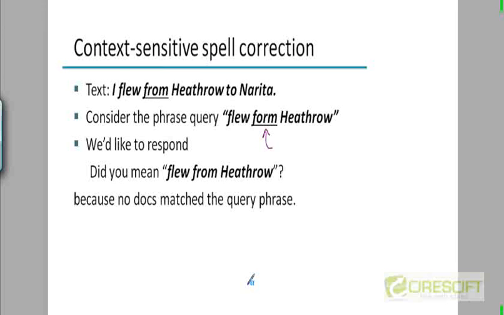But after Office 2007, they've added context sensitive spell correction, and that was in fact one of their main new features. So it was projected as a pretty cool thing. And again, we are going to trigger the spell correction algorithm based on the fact that there are very few documents matching the query.